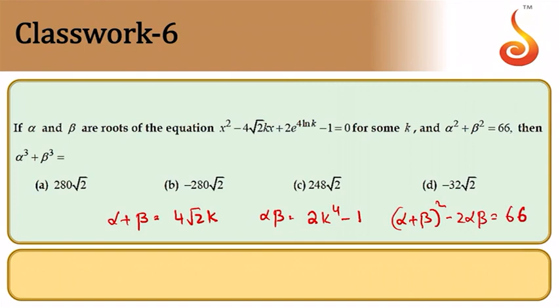Now alpha plus beta whole square minus 2 alpha beta is equal to 66, they gave. So alpha plus beta whole square will give you 16, 4 4s are 16, 16 2s, 32, 32k square minus 2 alpha beta. 2 alpha beta means 4k to the power 4 minus 2 equal to 66.